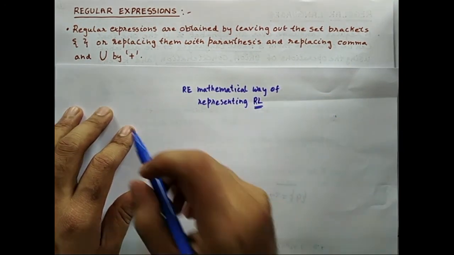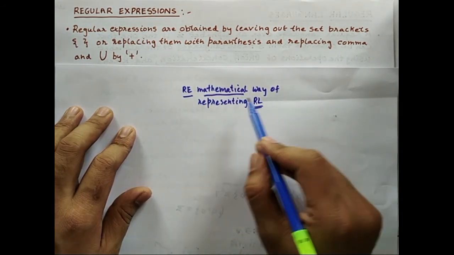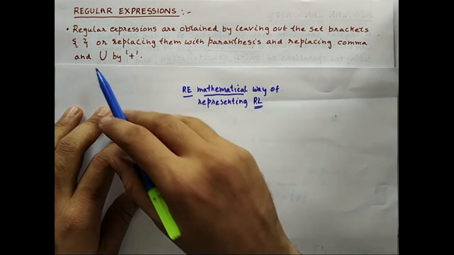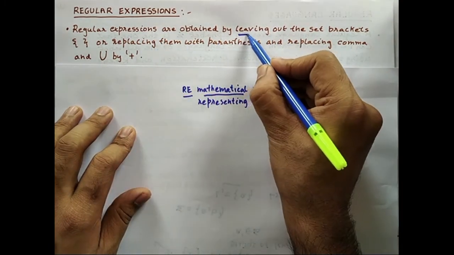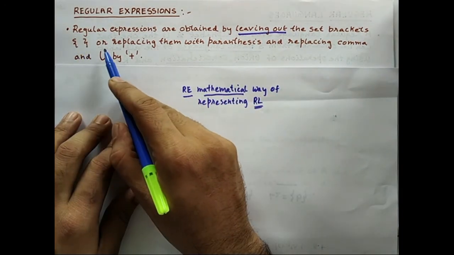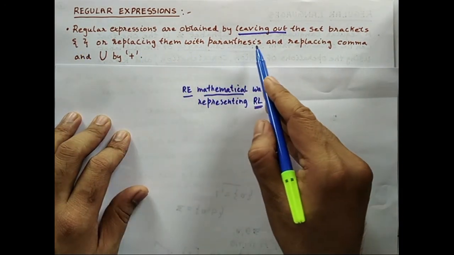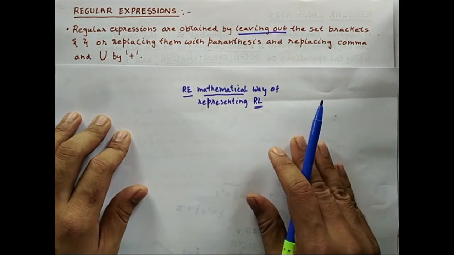Regular expressions are obtained by leaving out the set brackets, or by replacing them with parentheses, and replacing comma and union by plus.